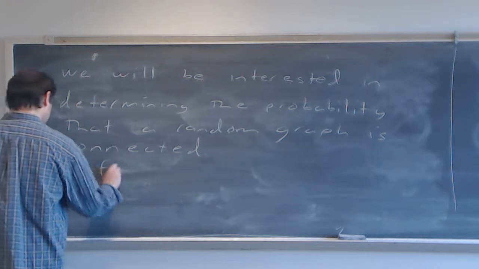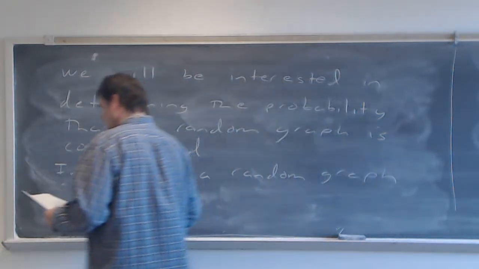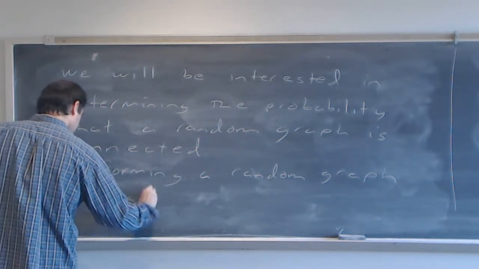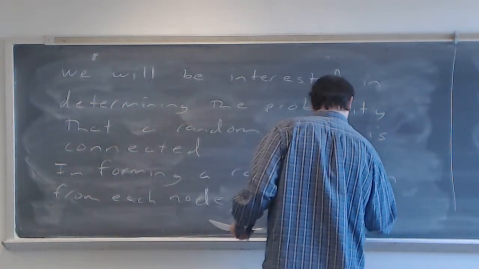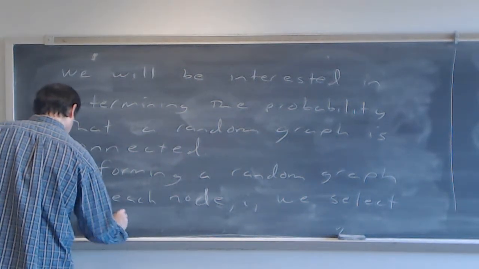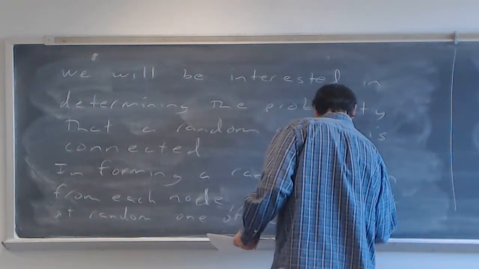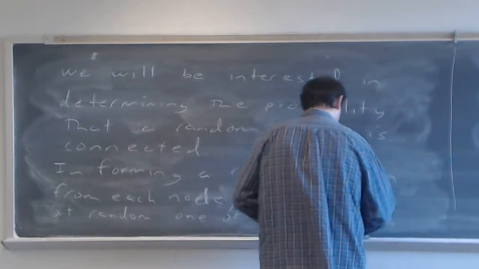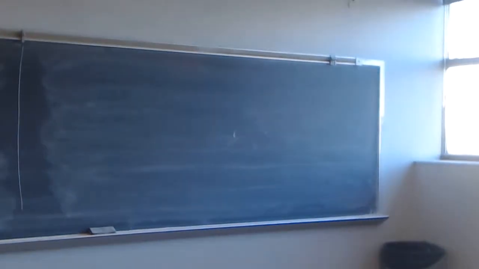So in forming a random graph, from each node i, we select, this is what I was saying before, at random, one of the n nodes, and that one of those n nodes could be including itself.